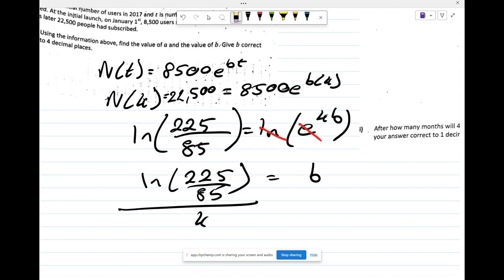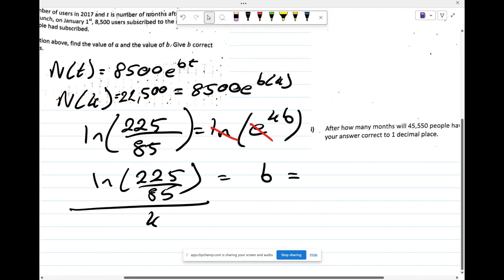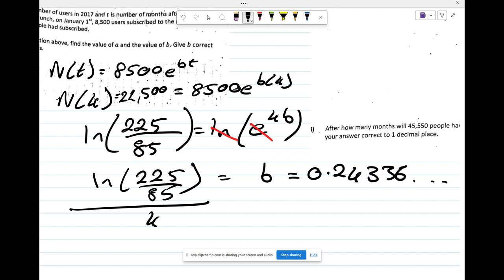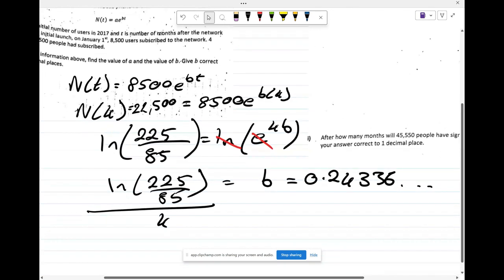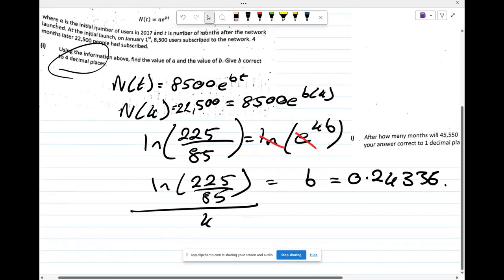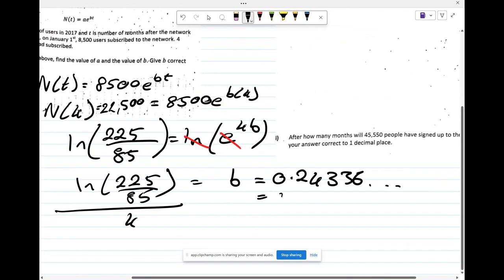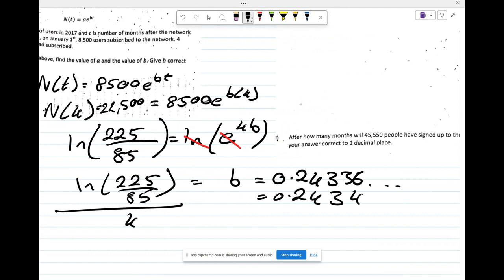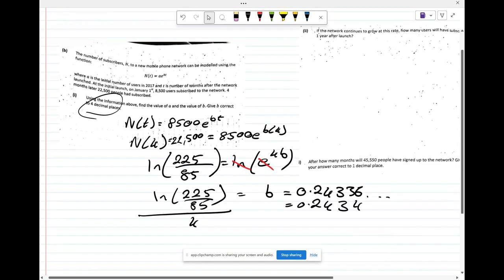Let's see what it is. ln(225 over 85) all over 4. b is equal to 0.24336 and something. But they want it to 4 decimal places. So 0.2434. And that is the answer for b.